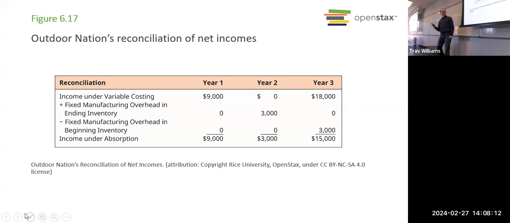Now, in the next year, the company did have some ending inventory. So that shifts those costs out of this period, because again, we can't count those costs until we sell that inventory. If it's still hanging around, we still have that inventory, it's an asset.